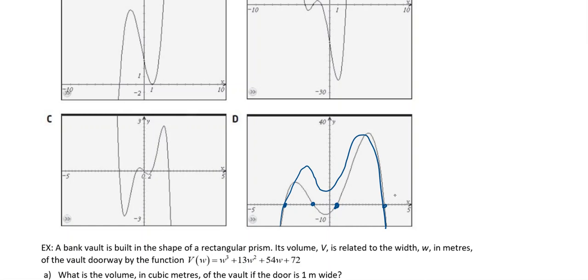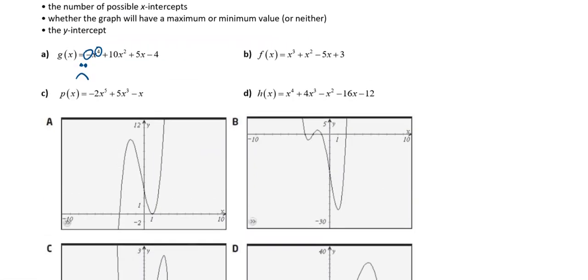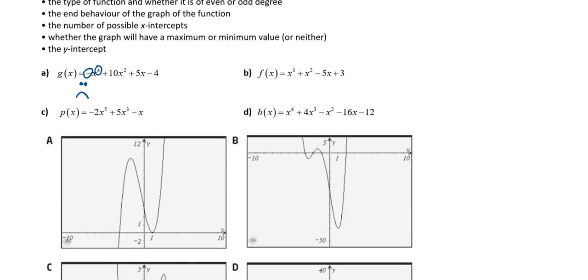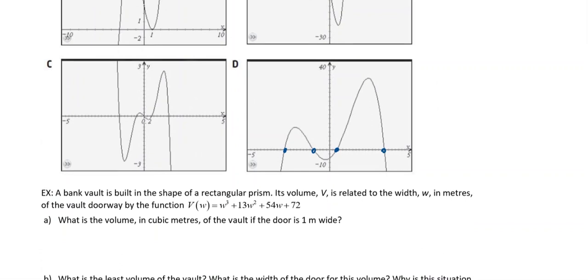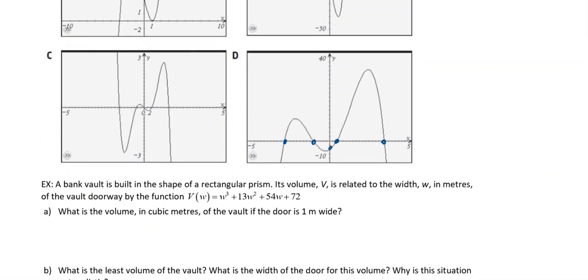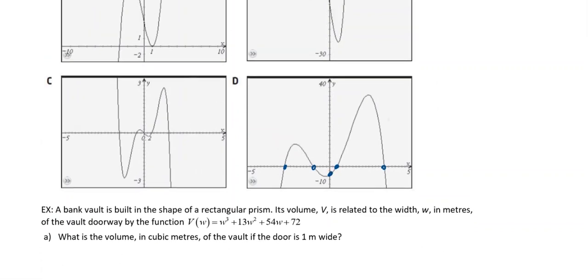That could have been the case, but we have a maximum of 4 x-intercepts there. So max 4 zeros. And then the y-intercept. What's our y-intercept on this one? -4, right? That could be right there, -4.